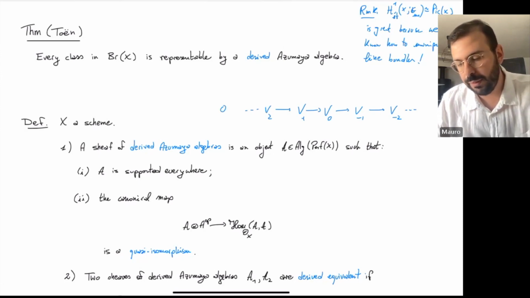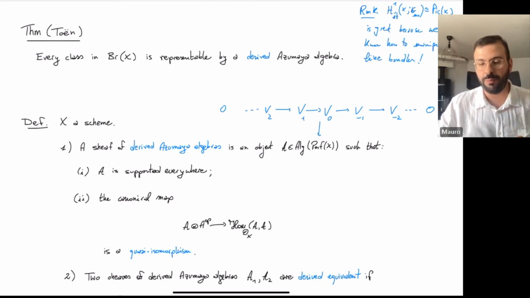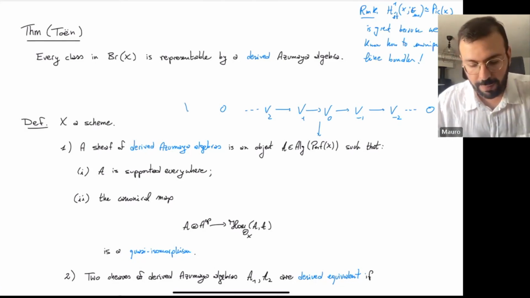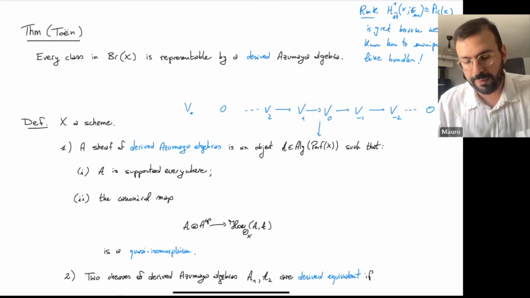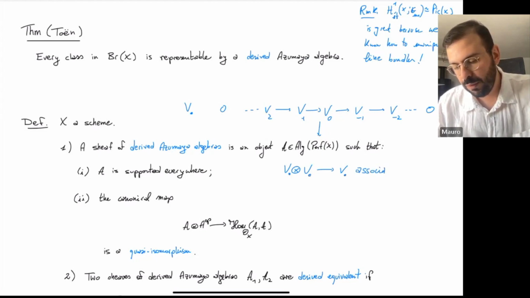At some point, it gets to 0. So this is an object in perfect complexes, and let me call it V bullet. And again, we want an associative multiplication, V tensor V going to V, in complexes of vector bundles.